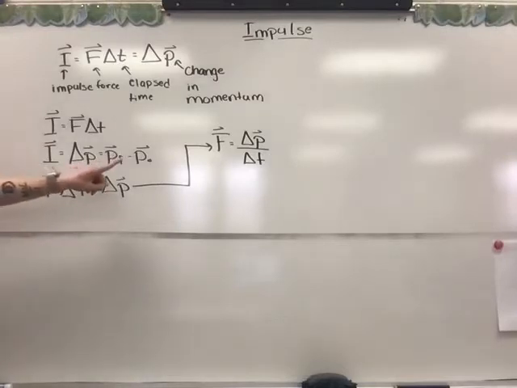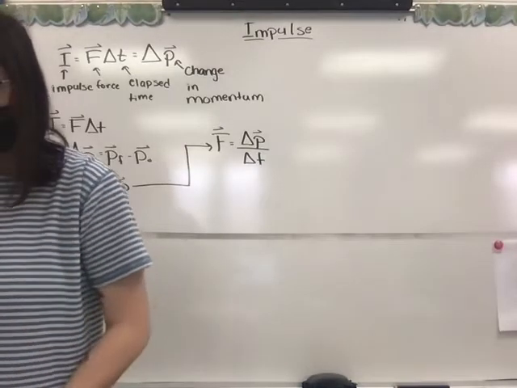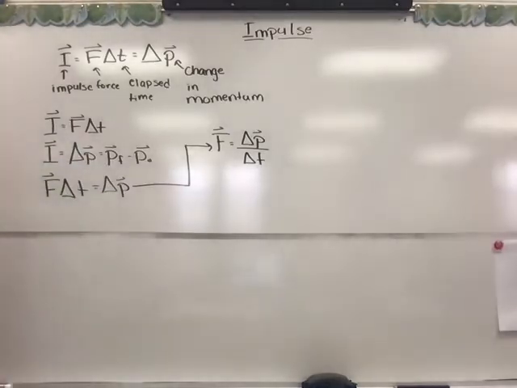So that was Newton's original law. He actually derived it in terms of momentum instead of mass and acceleration, which is pretty cool, I think. It's fun. So let's do an example together because this is a lot of information.